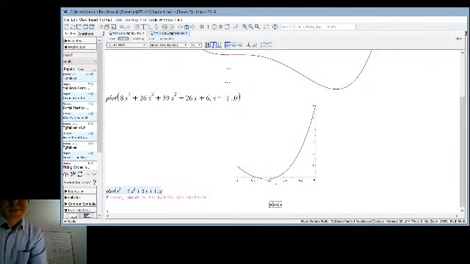And I'll take x to be going between, I think the lowest root was between 0 and minus 1, right? So that's going to be minus 1 is the lowest, and up to 5, let's say.